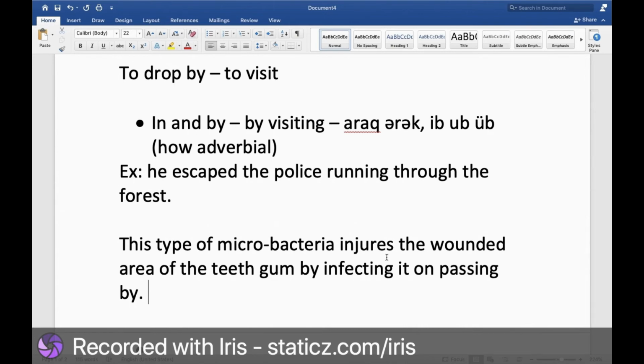It's the main verb of your sentence. Teeth gum, diş eti. Correct it a little bit more.